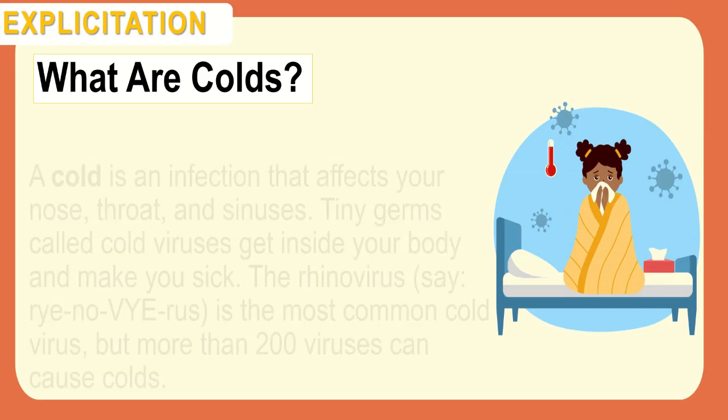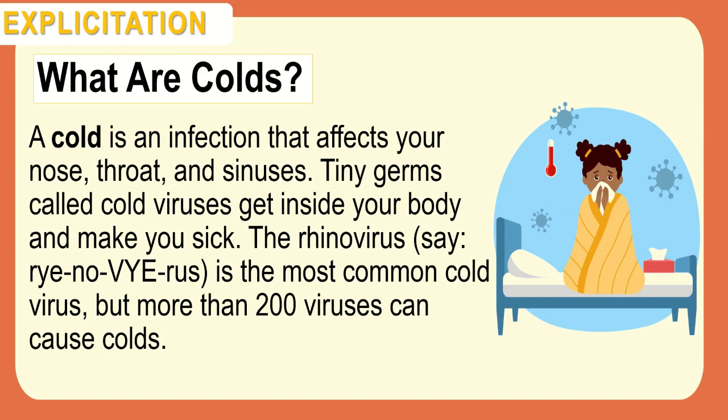What are colds? A cold is an infection that affects your nose, throat, and sinuses. Tiny germs called cold viruses get inside your body and make you sick. The rhinovirus, say rhinovirus, is the most common cold virus, but more than 200 viruses can cause colds.